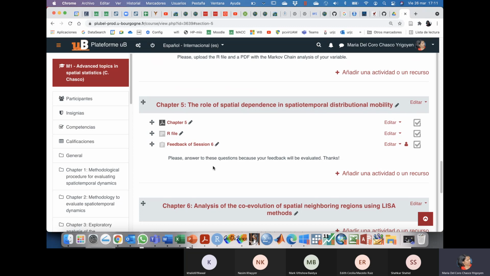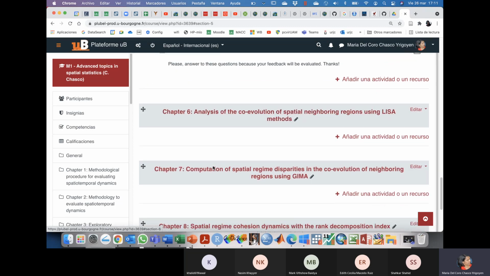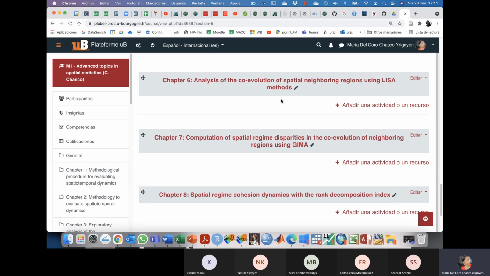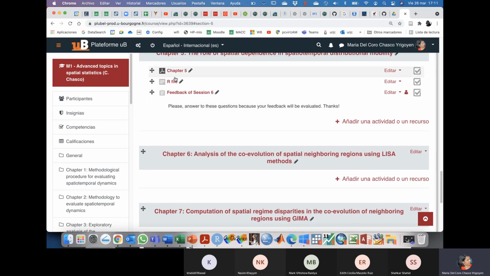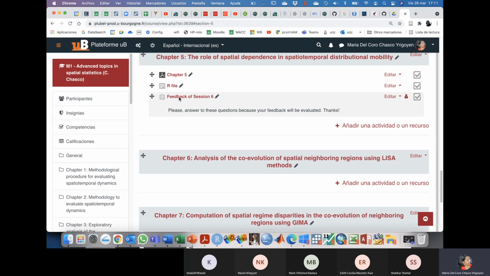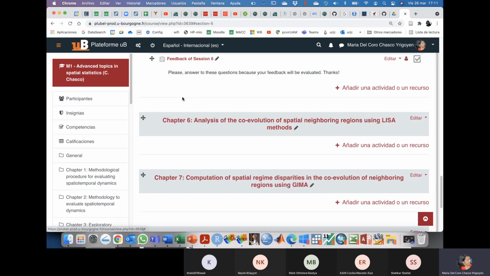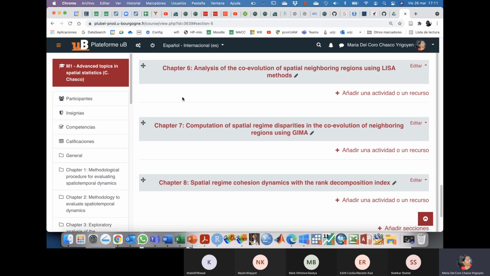So the co-evolution of spatial neighboring regions, and this is the LISA methods, and are the ones that I'm going to introduce here. So chapters 5 and 6 are going to be the same, but what I can't explain is because I don't have enough time.